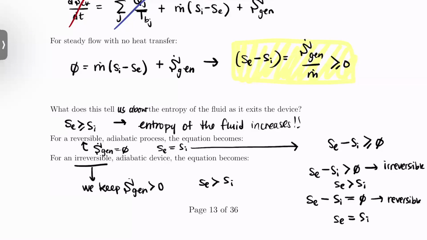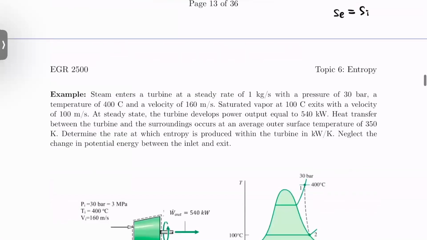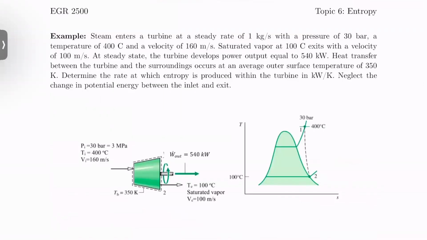Okay, fantastic. Okay, so let's do an example. So we have steam entering a turbine at a steady rate of 1 kilogram per second with a pressure of 30 bar, a temperature of 400 degrees C, and a velocity of 160 meters per second. Saturated vapor at 100 degrees C exits with a velocity of 100 meters per second.